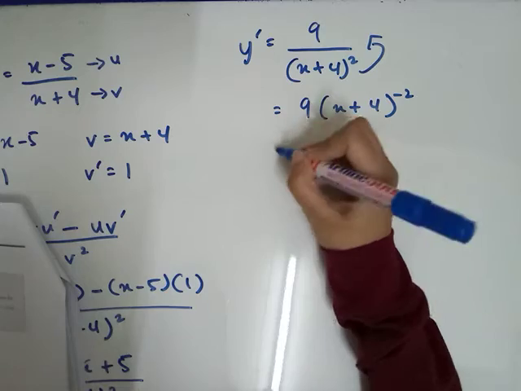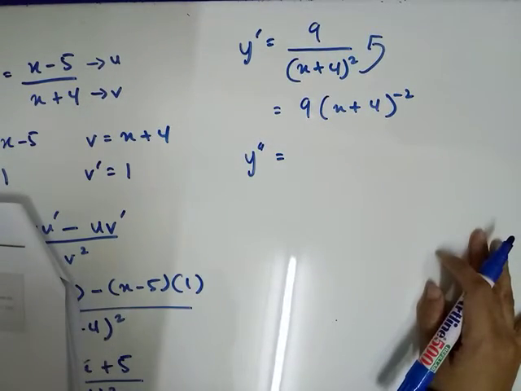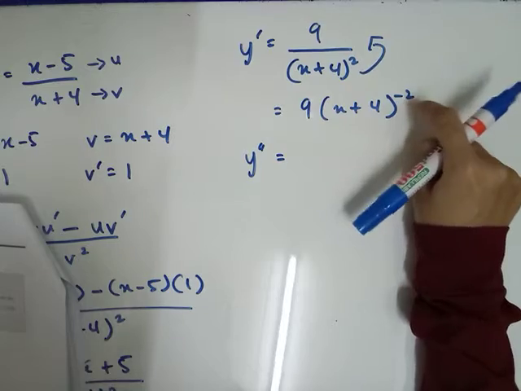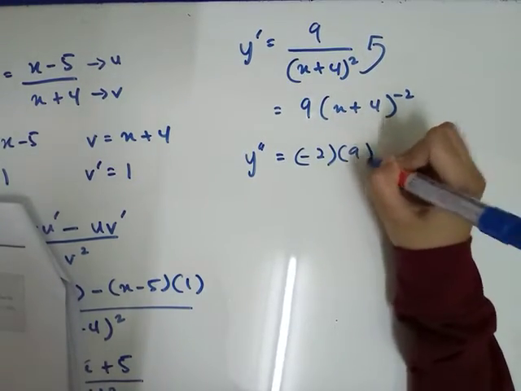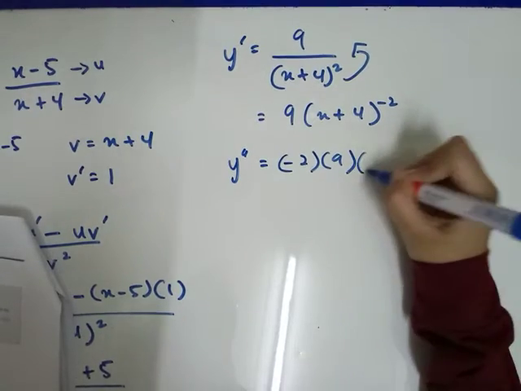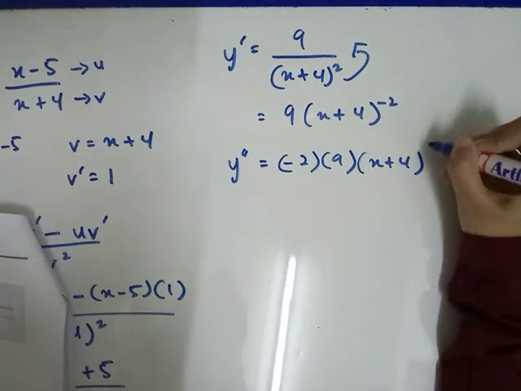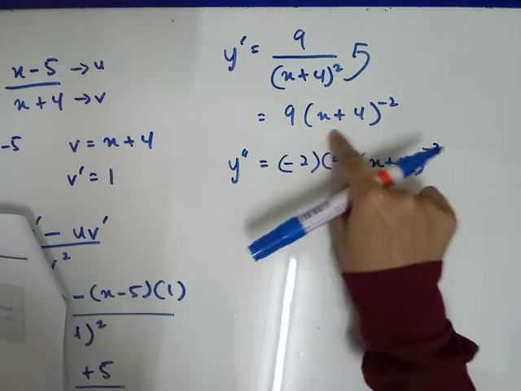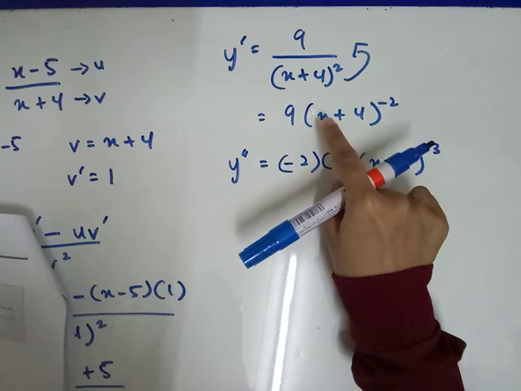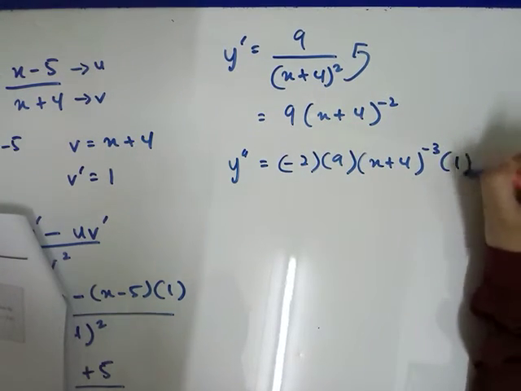Then you can differentiate for the second time. Negative 2, the power, bring in front, negative 2 times 9, and then x plus 4 to the power negative 2 minus 1, you get negative 3. Then differentiate the value in the bracket. Differentiate x, you get 1. Differentiate 4, you get 0. So it is 1 only.